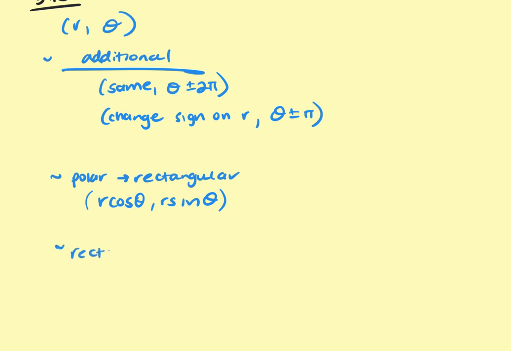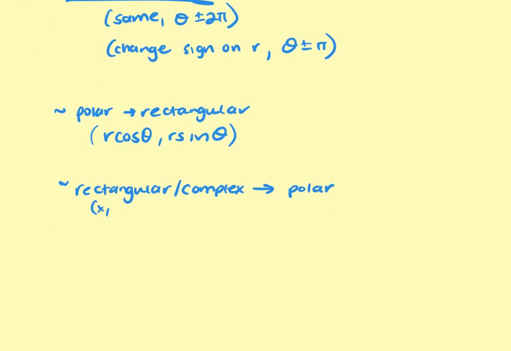Then you did rectangular or complex, imaginary, to polar. So if it's rectangular, it's x comma y. If it's complex, it's a plus bi. We find where it's located. So find your point, find the quadrant, because that's going to determine what theta is at the end.